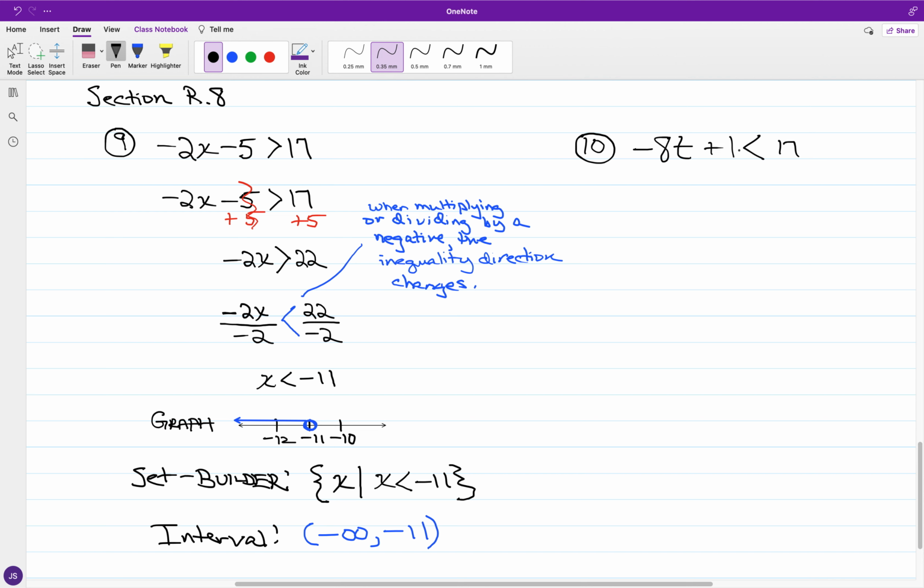So we got that 17 once again. And looking at isolating the variable term, which I have at negative 8t, this time I can undo the addition of 1 by subtracting 1 from both sides. So the left hand side we have at negative 8t is less than 16.